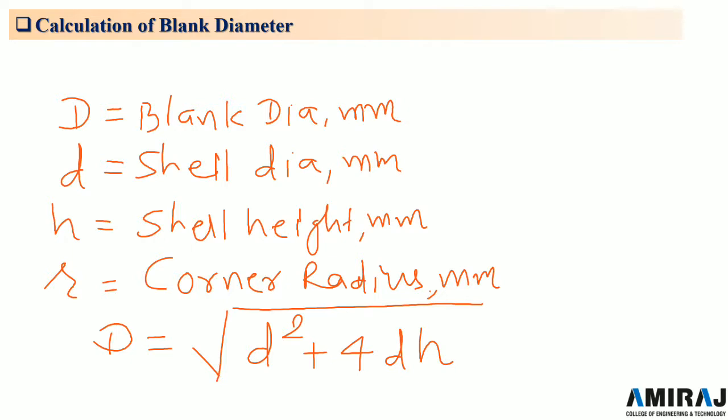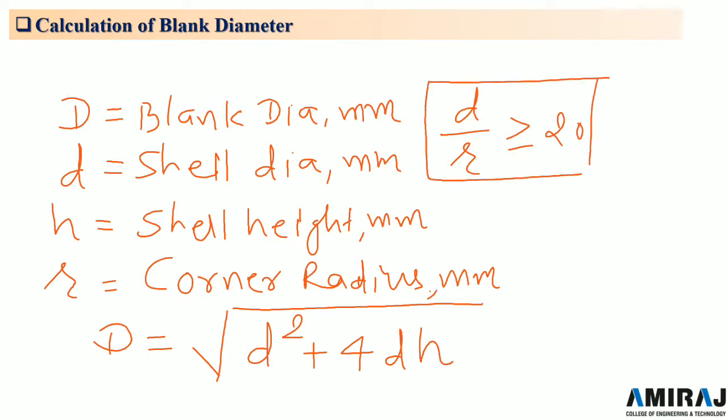This equation is valid for shell diameter small d by corner radius r greater than or equal to 20. For this condition, this equation is valid.